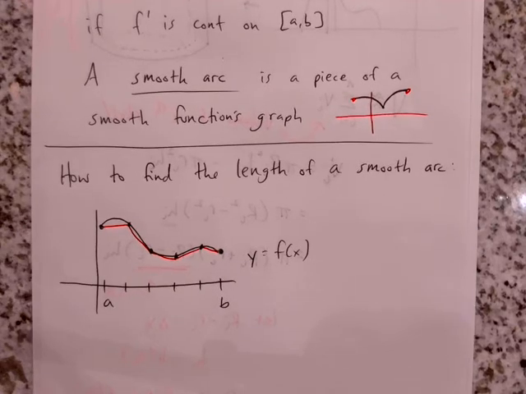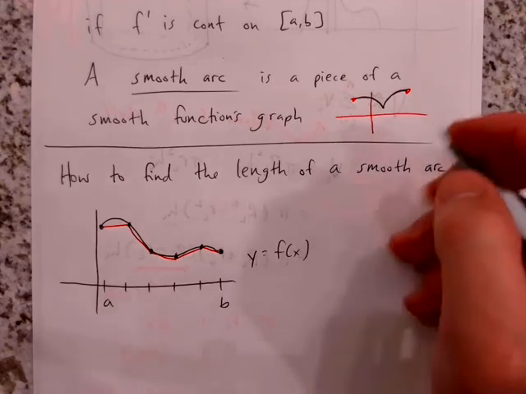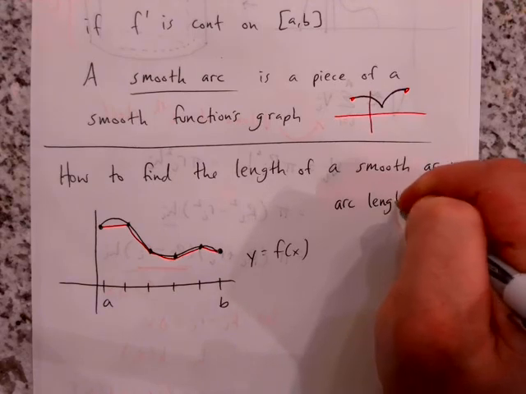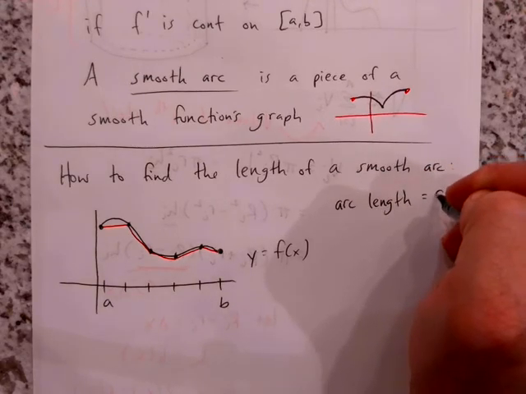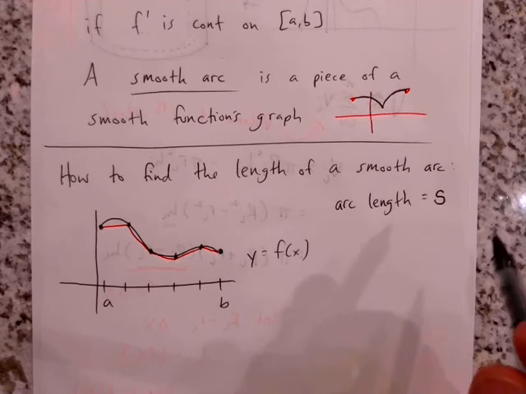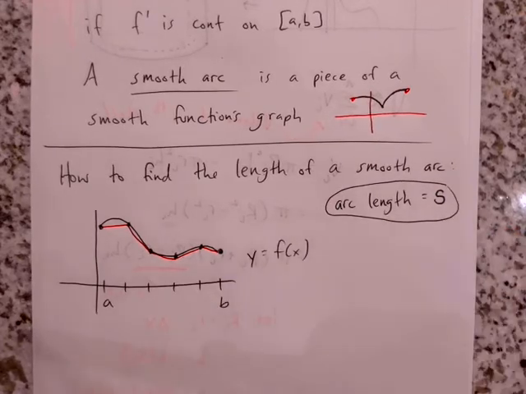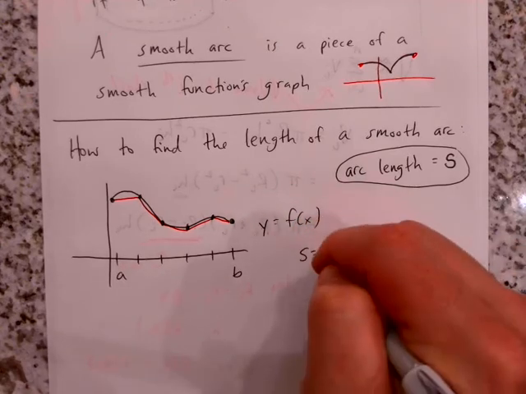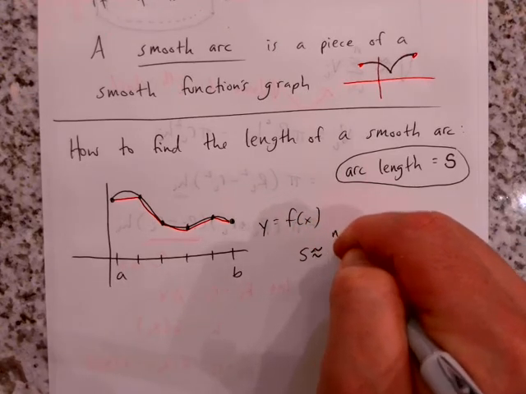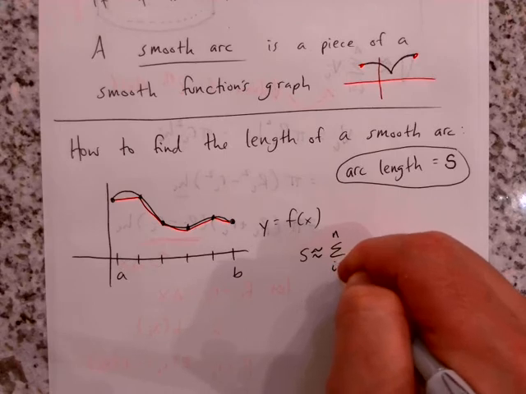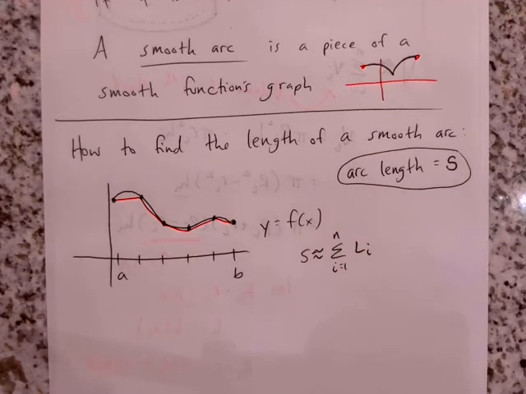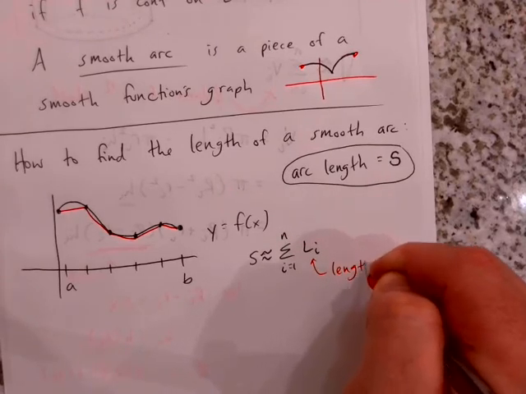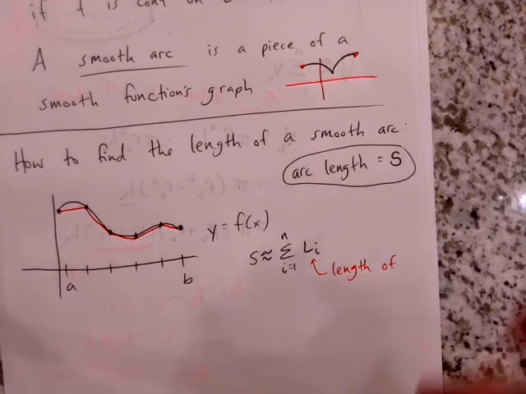The arc length, which by the way is almost always denoted lowercase s, is approximately the sum from 1 to n of L sub i, where L sub i is the length of the ith line.